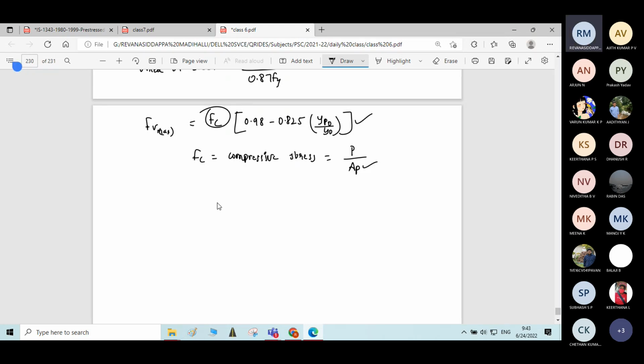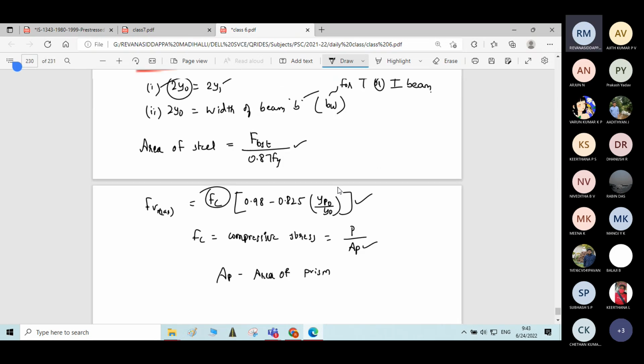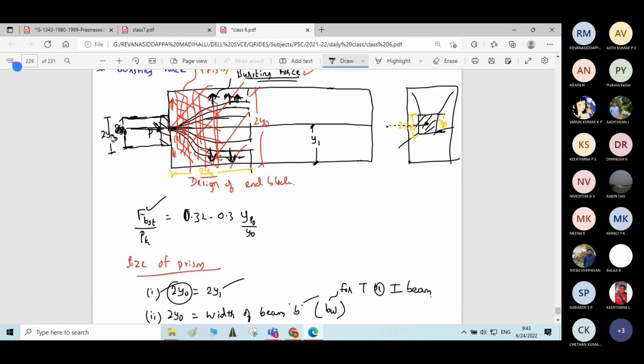Very important. This is the area of prism. How do we calculate the area of prism? 2y0 into 2y0 gives the area of prism.